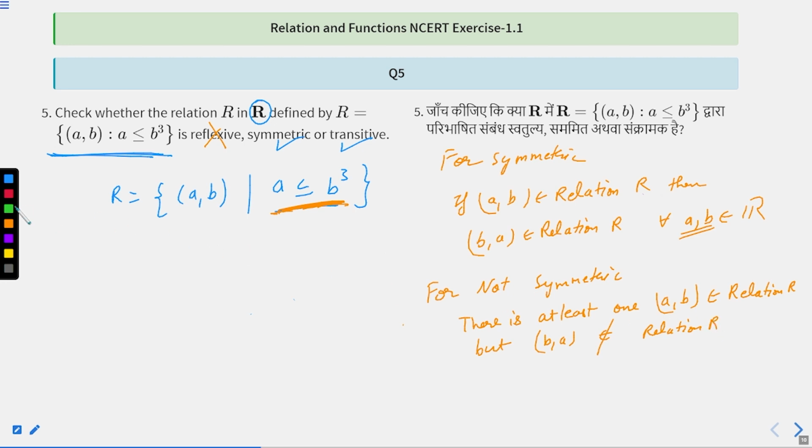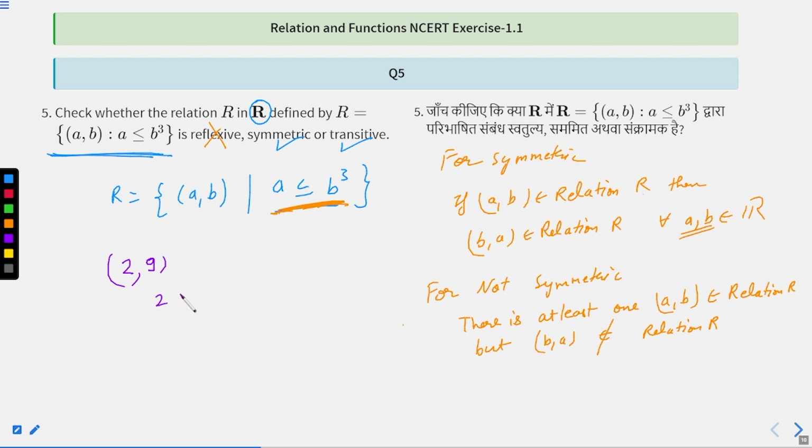So let's see what we will have. Is it symmetric or not symmetric? As you can easily see, take 2 and 9, then does this pair belong to R?